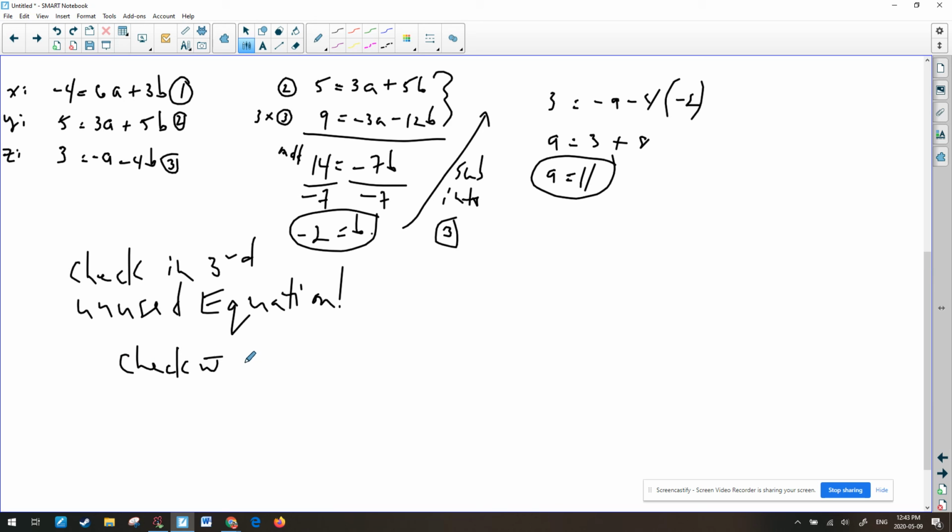Check with 1. My left side in 1 is just negative 4. My right side in 1 is 6a plus 3b. So left side is just negative 4. We're all good there.